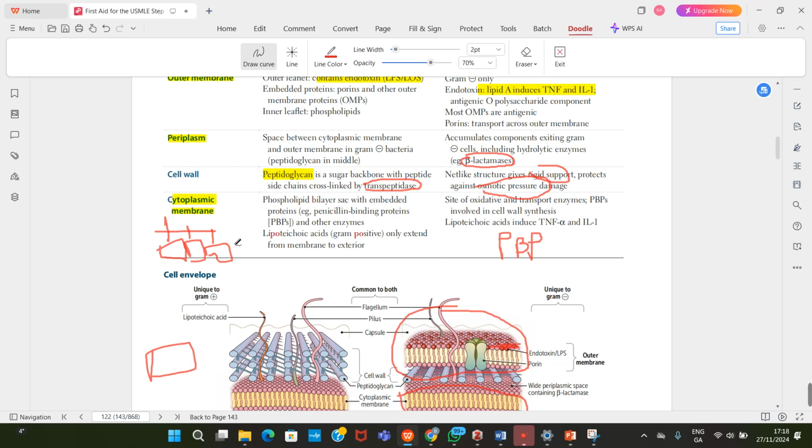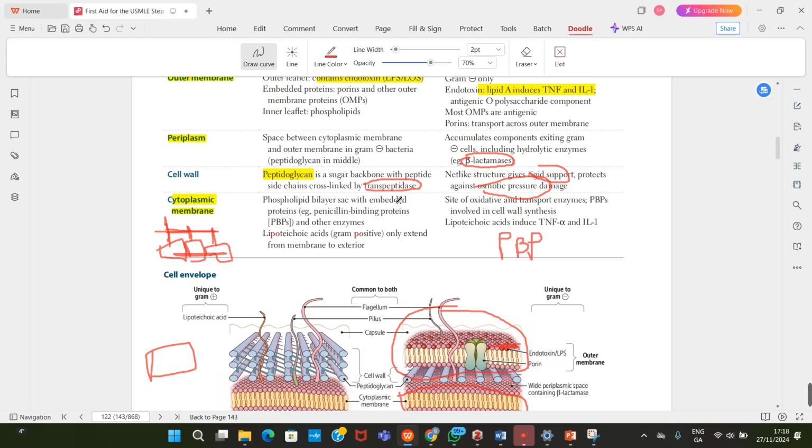Transpeptidase is an enzyme that cross-links proteins. I said that the peptidoglycan wall is made up of glycan, which is carbohydrate. These ones that I've drawn are the carbohydrates here. You have the peptide side chains projecting from the carbohydrates, but you need to cross-link them to make the peptidoglycan strong, and that is where transpeptidase comes in.